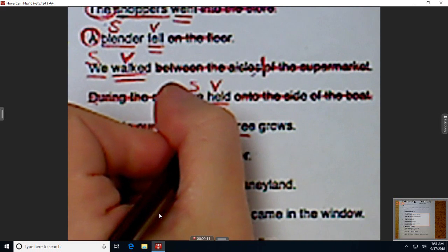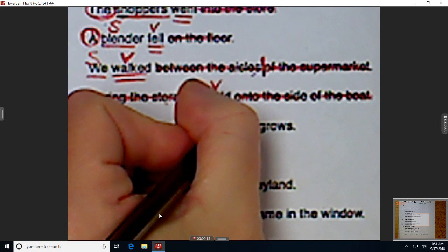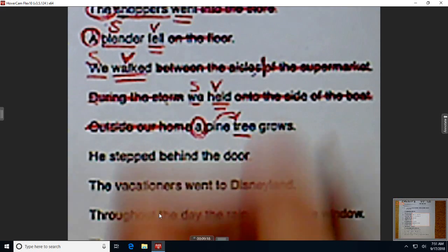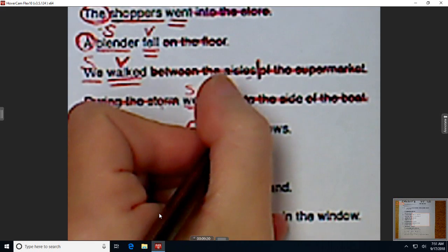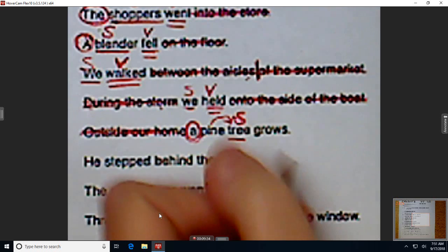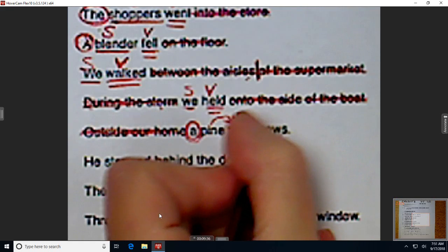If you want to label it, you can take an arrow from pine and draw it over to tree. But tree is your subject. You've got to be careful on that when there is an adjective describing the noun. Pine is describing what kind of tree, but the actual subject of the sentence is just tree. And what is that tree doing? Grows.